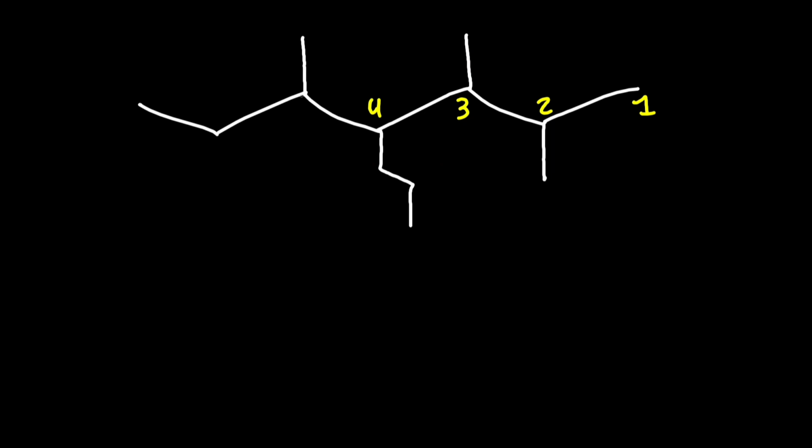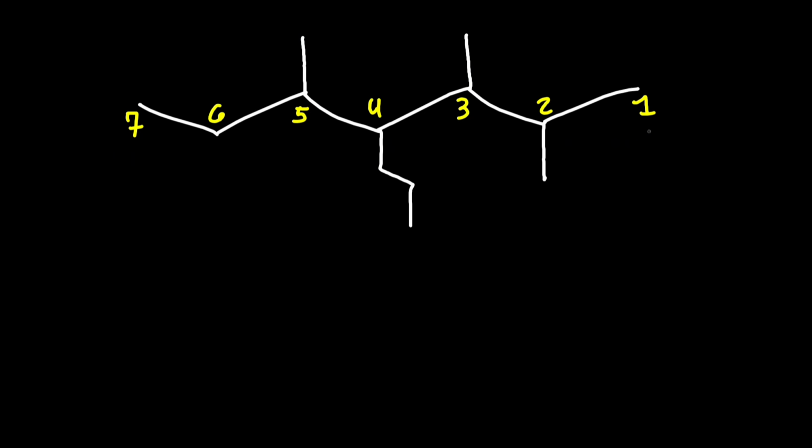But if we are going to count it in this way, we have 4 substituent that are bonded in our main chain. And thus, this would be our main chain right here.